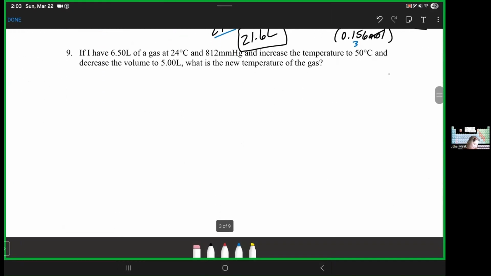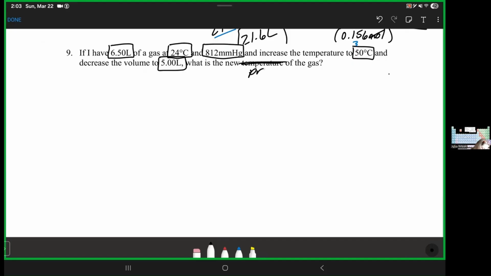Okay, so now I've got this gas. So I have 6.5 liters of a gas at 24 and that pressure. I've got another temperature, another volume, and they're asking, this should be pressure. That should be pressure.